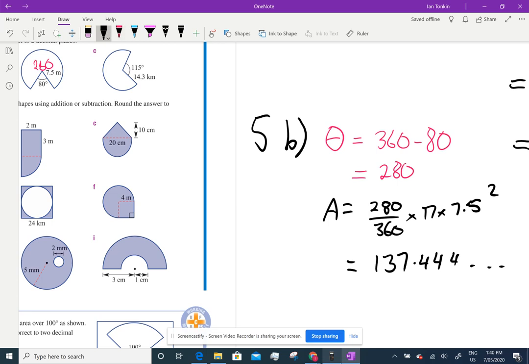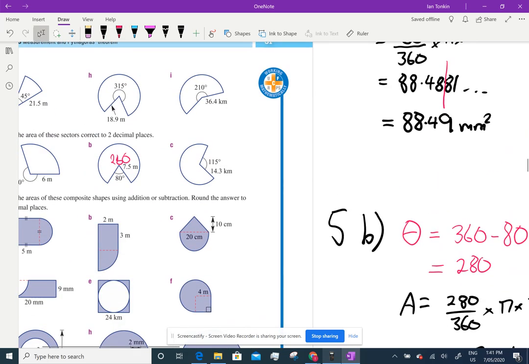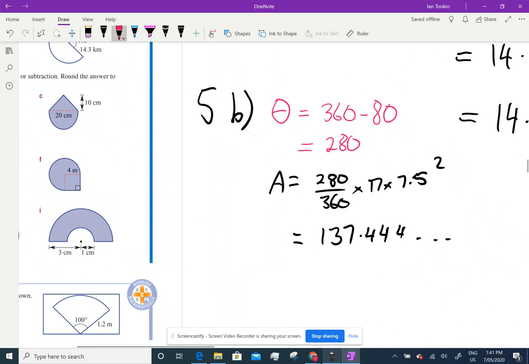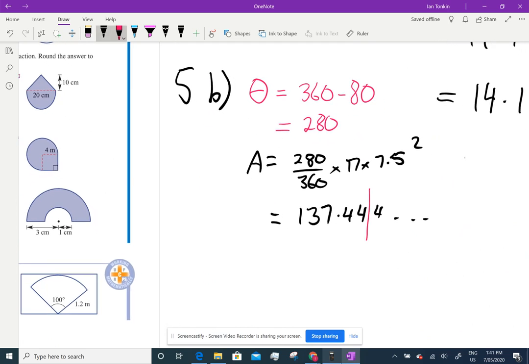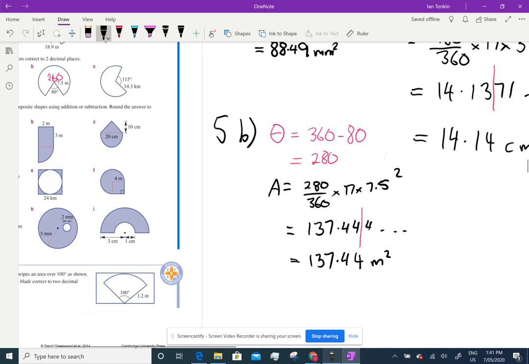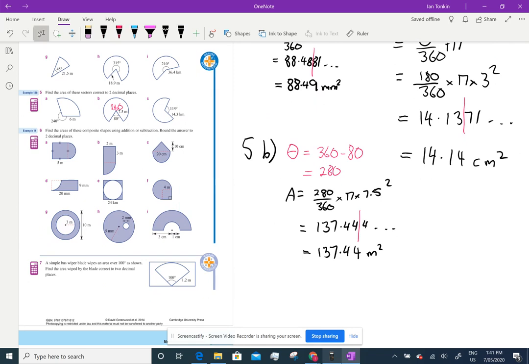We're going to 2 decimal places. 137.4, is the number behind that red line 5 or more? No, leave it alone. And what units is it in? Metre squares. That should be enough for you to get through these questions, 3, 4 and 5. Okay, so good luck with that.